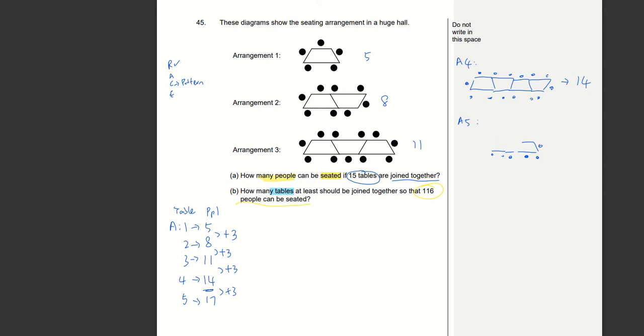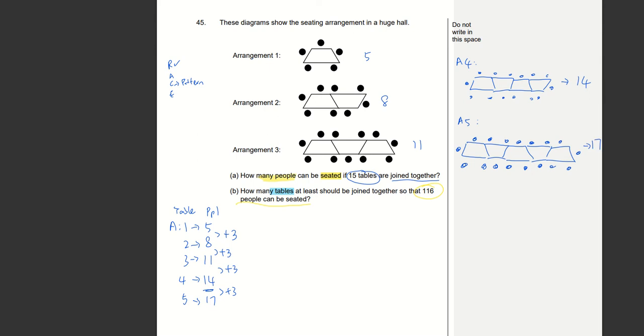Let me try to draw this again with greater clarity with the shapes. 1, 2, 3, 4, 5. Okay, 1, 2, 3, 4, 5, 6, 7, 8, 9, 10, 11, 12, 13, 14, 15, 16, 17. This is much clearer.